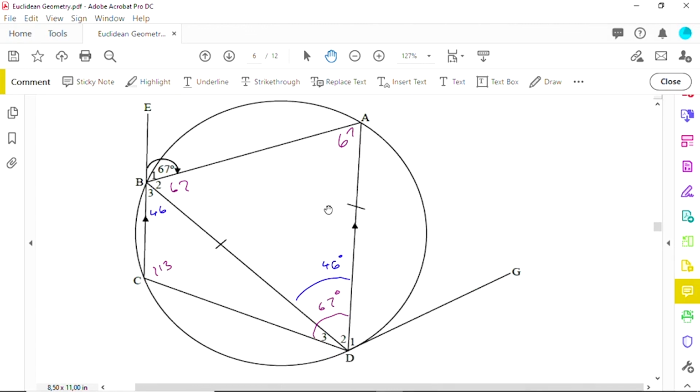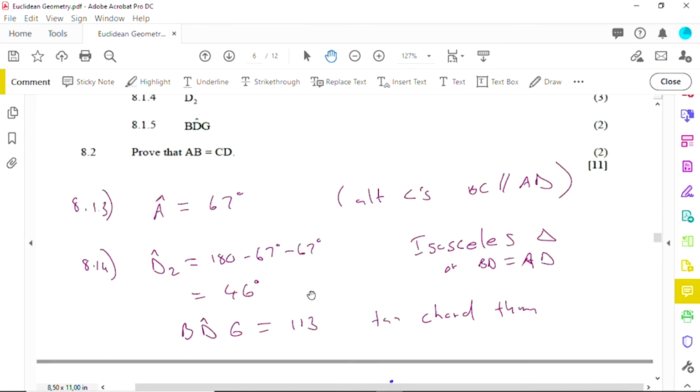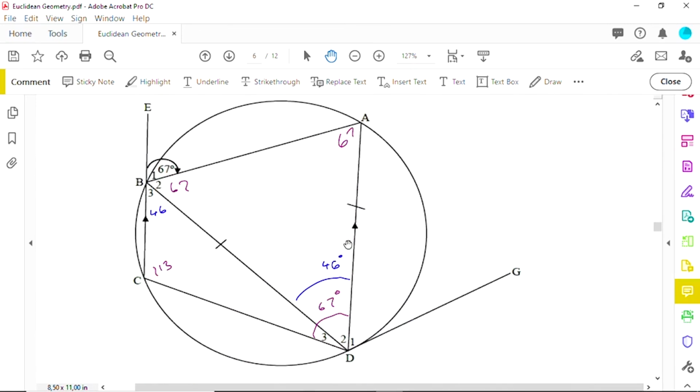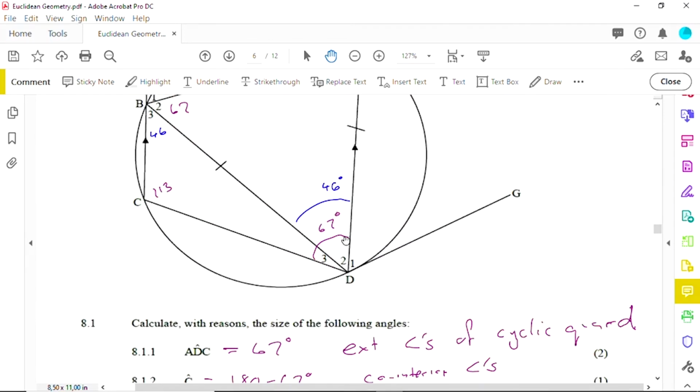So it's actually the converse of this chord theorem. So we are done.